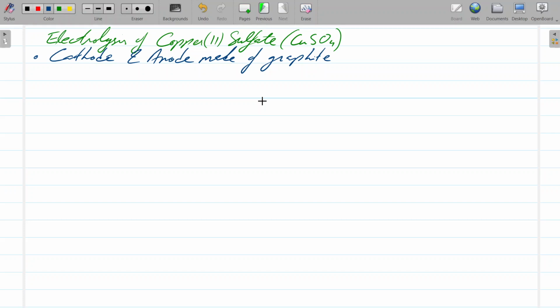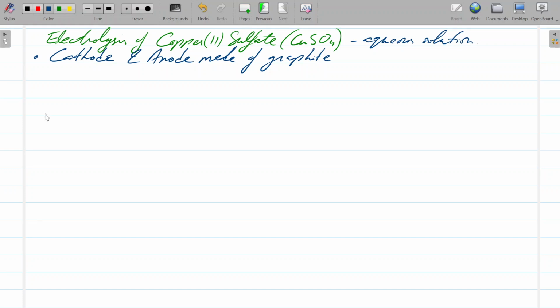Now, the products that you get out of this are oxygen gas. Well, not the products yet. When you electrolyze this, since it's an aqueous solution, what are the ions that you have?